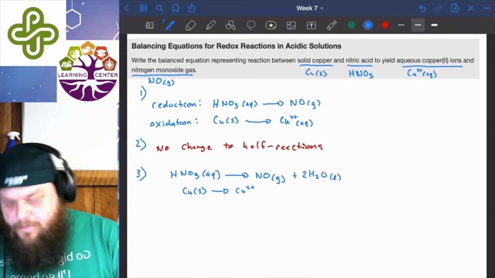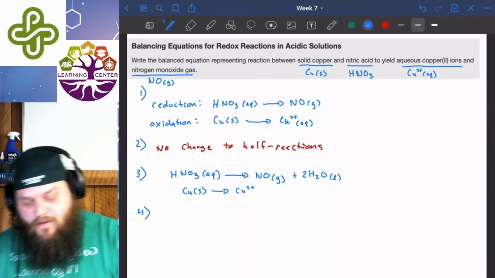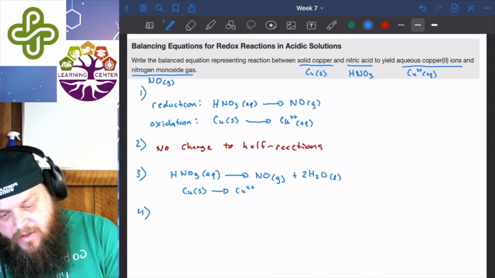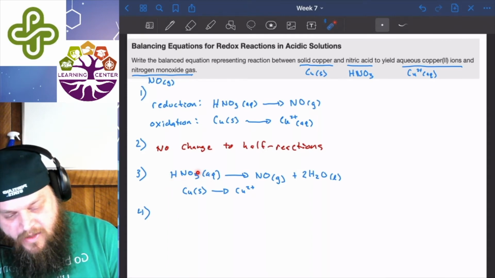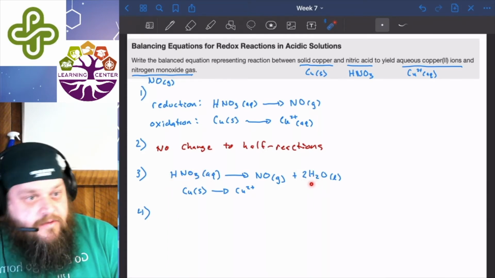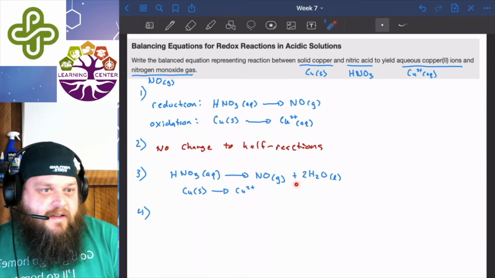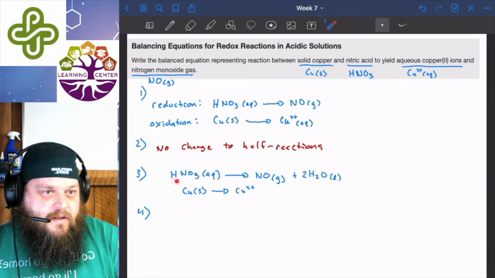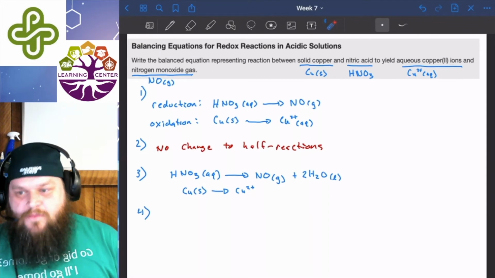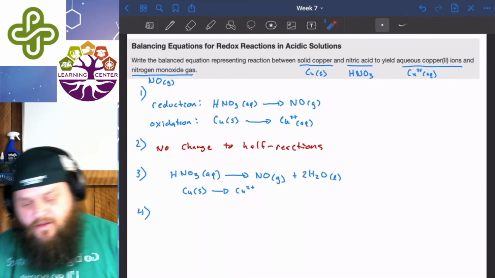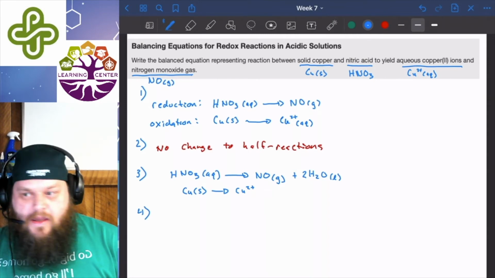The next step, step 4, is adding those hydrogens. So looking at the balanced equation that we have so far, or the not so balanced equation, we have 1 hydrogen on the left side here. We've got 4 hydrogens on the right, 2 times the 2 hydrogens on that side there. So we need to balance this with this. We can do that by adding H plus on the left-hand side of this equation. So I'm missing 3 hydrogens, right?